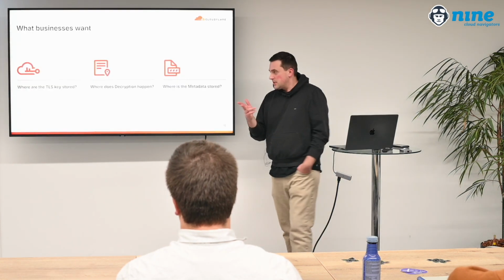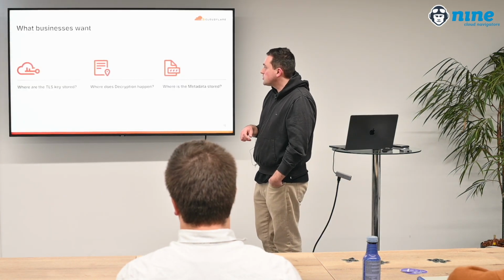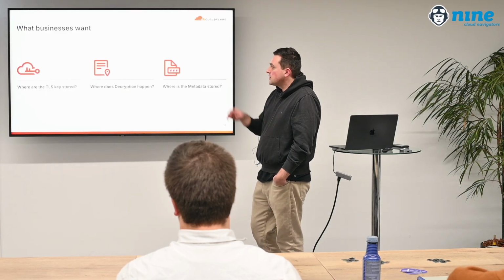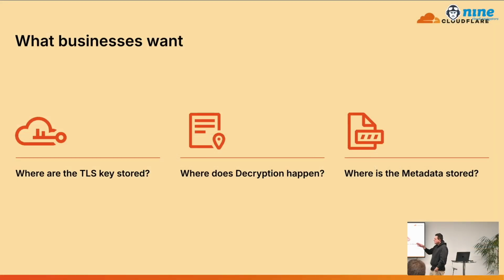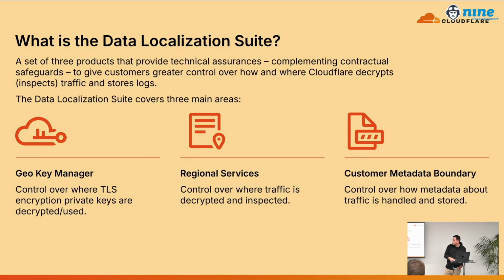So there are, let's say, three slices or three parts that are relevant here. On the left side, it's really, hey, where are the TLS keys stored that Cloudflare uses? The part in the middle is where the decryption of the session actually happens, and the part on the right is where the aforementioned metadata is actually stored. And if we look at this, yes, we have three products that exactly address these concerns.